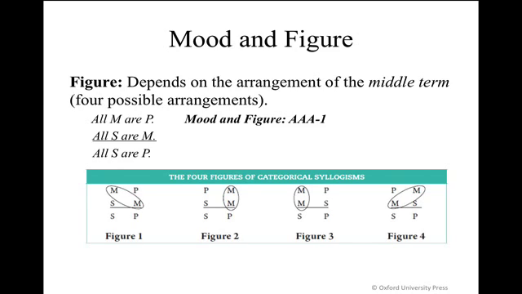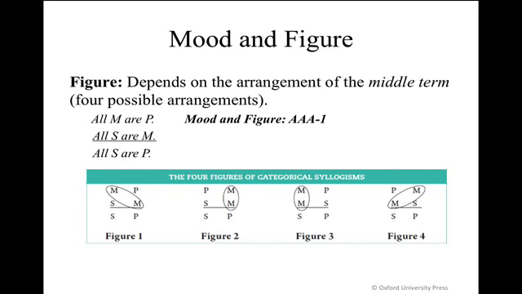Notice also that the argument is always already in standard form here, right? Major term appears first, that is in the major premise, and the minor term appears second, that is in the minor premise. The minor term is the subject of the conclusion, the major term is the predicate of the conclusion, and so your conclusion is always going to be SP, SP, SP.